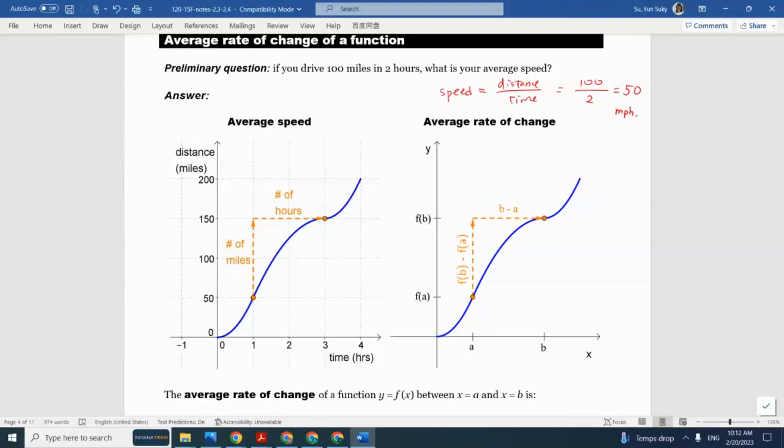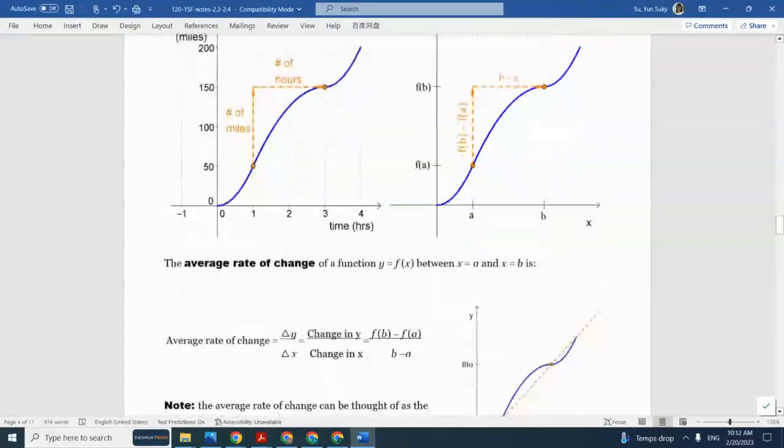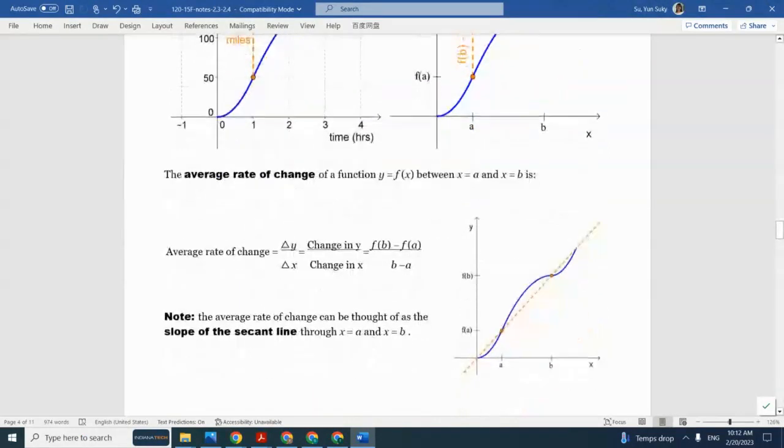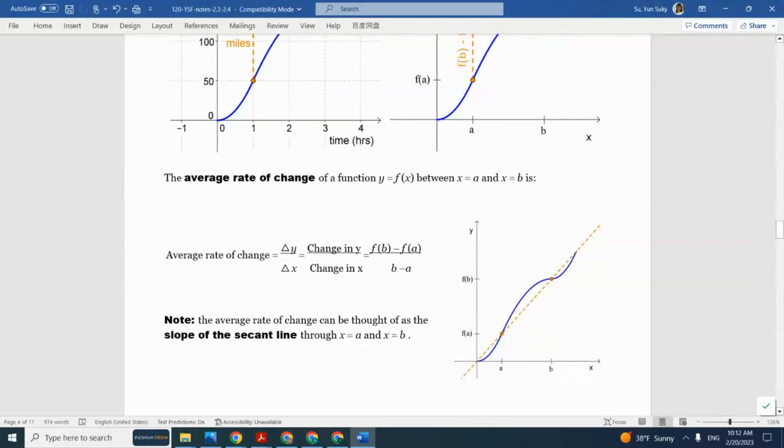Here, for average speed, we use the distance over the time. You can think of this like a slope, right? It's change of y over change of x. So the average rate of change is like the slope. If we draw a secant line passing through those 2 points on the graph, this is the secant line, and then the slope.